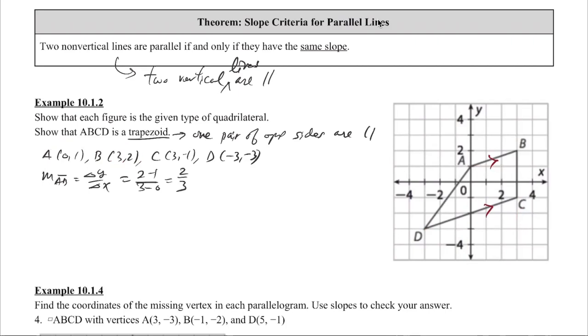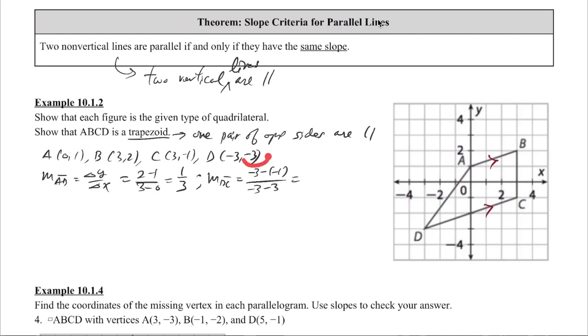Oopsie, that's actually, sorry, 1 over 3. You could still count: 1, 2, 3, 1. Yep, that's 1/3. So, visually check. Doing the same thing with DC, we end up with -3 minus -1 over -3 minus 3.